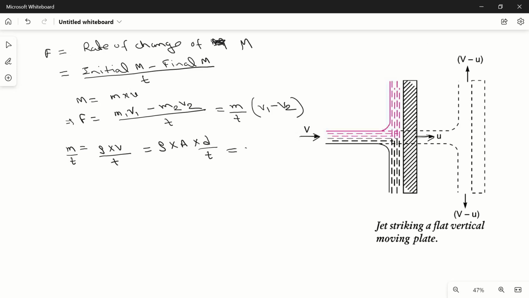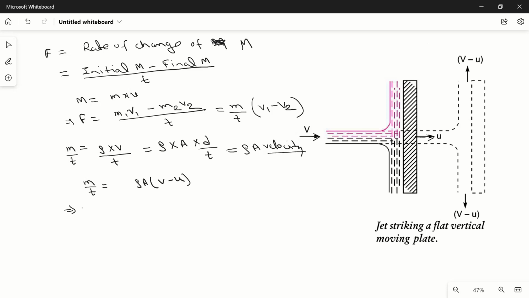So it will be equal to rho a into velocity. But we have already seen that the velocity will be v minus u, which is the relative velocity. So mass flow rate m by t is equal to rho a (v minus u).